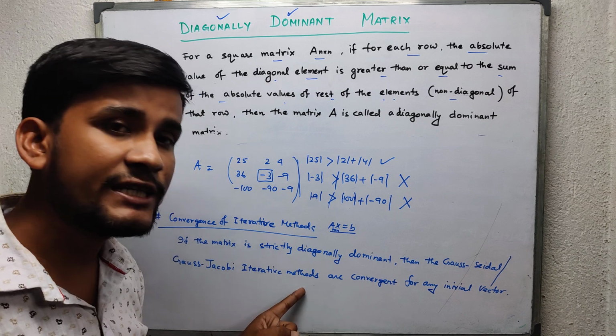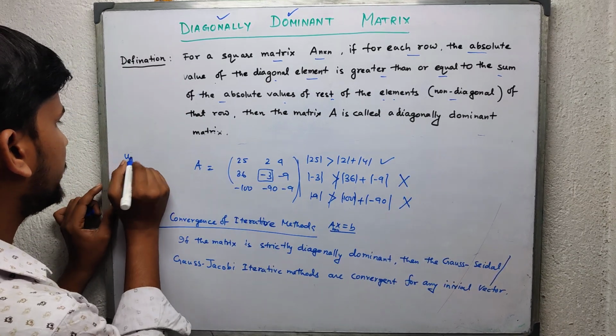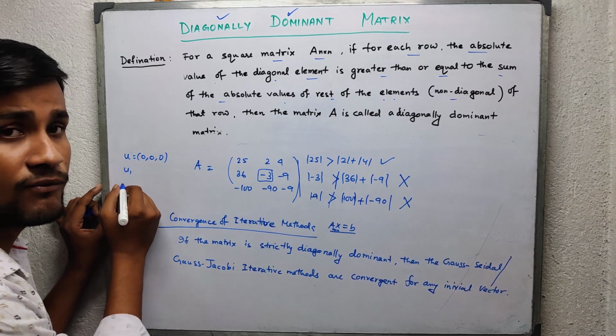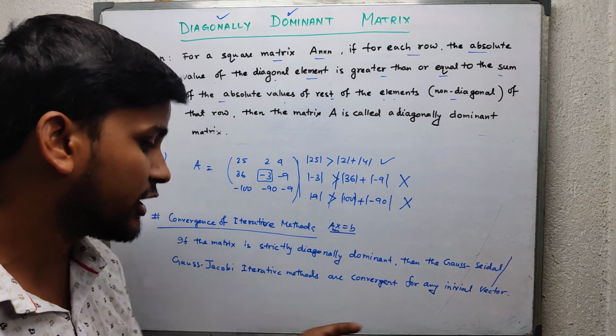That means, sometimes in the GATE exam you have questions like: suppose u equal to 0 0 0 is given, then find the second iteration, find the third iteration using the Gauss Seidel method or Gauss Jacobi method.